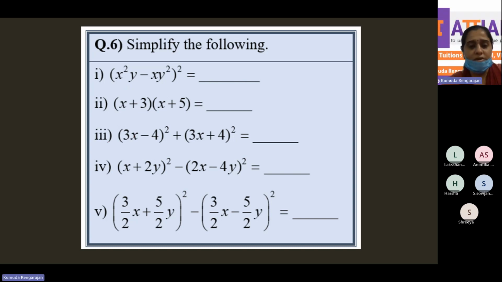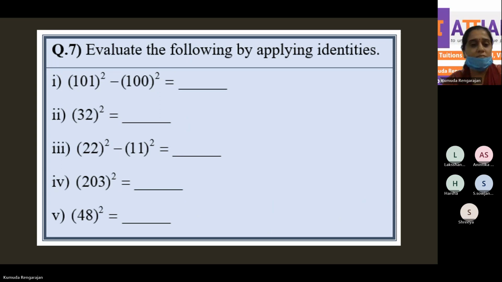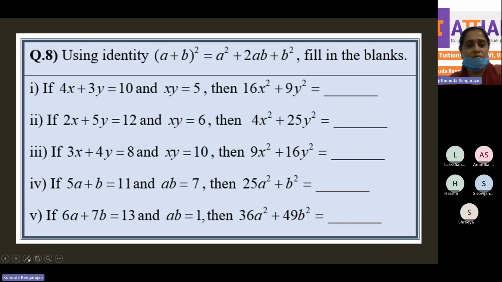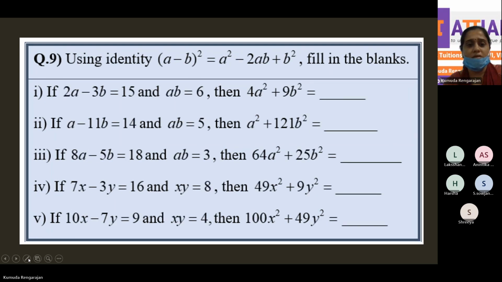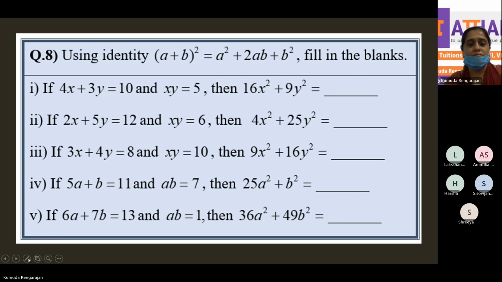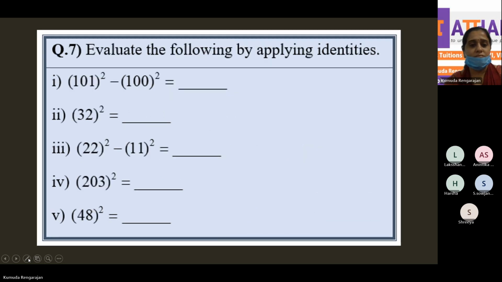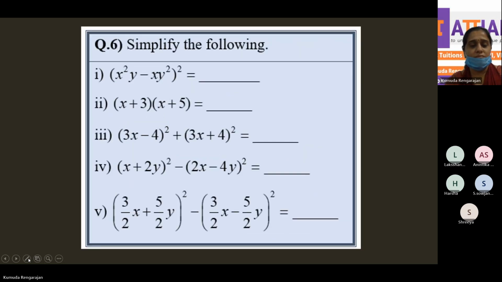Yeah, we'll do this one and wind up the session for today. Okay, so tell me, how will you expand this one? Simplify the following.